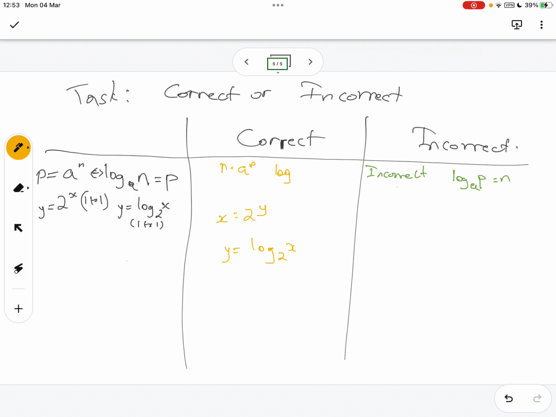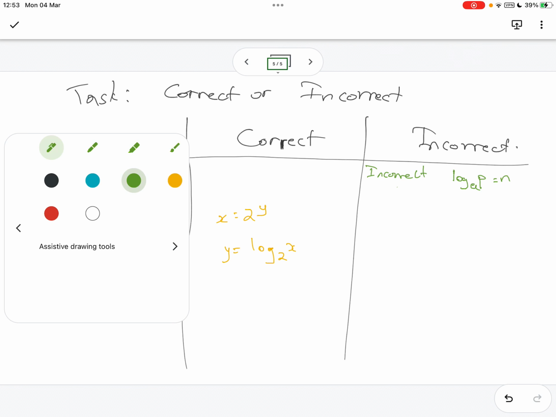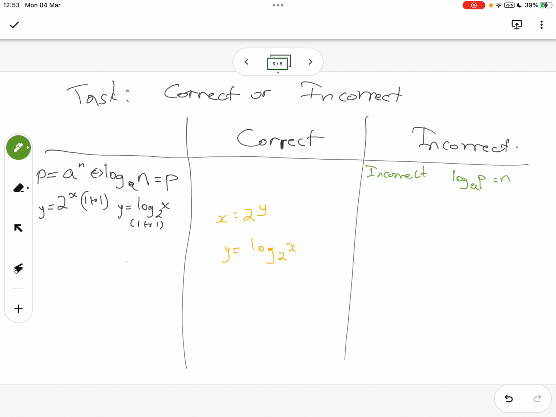What did you get? That. Alright. So this one, it is correct.